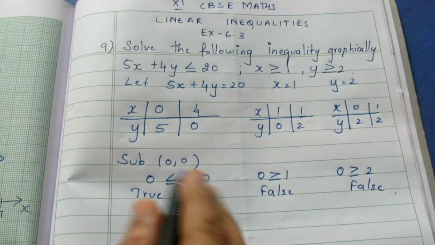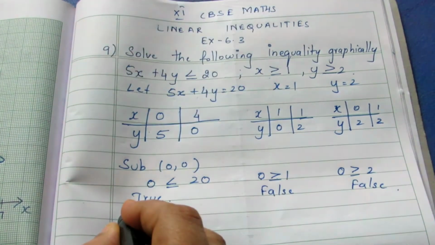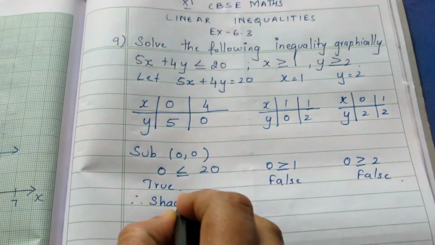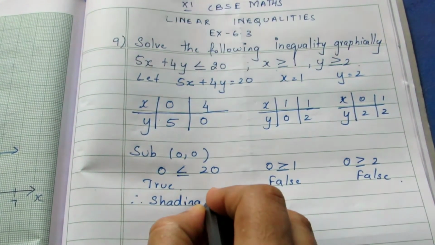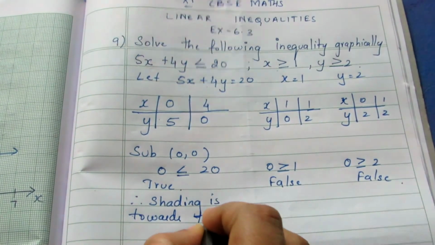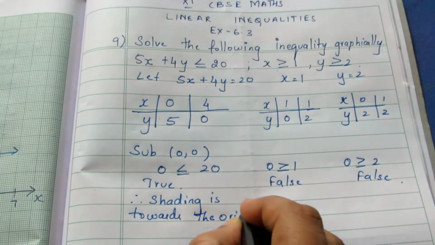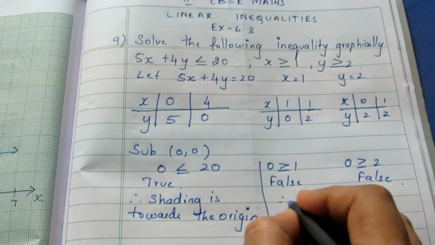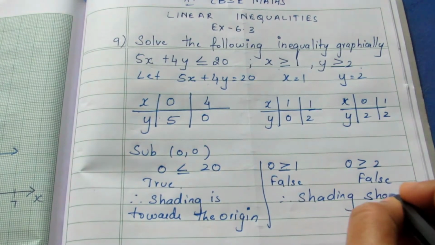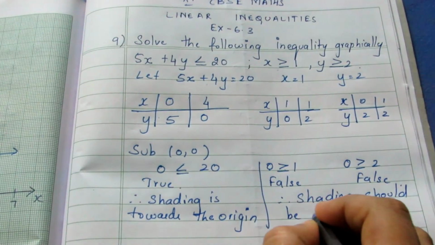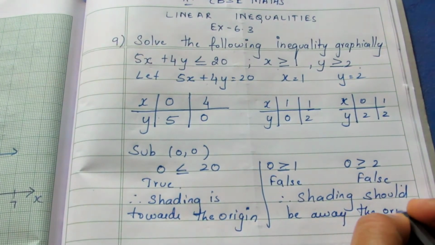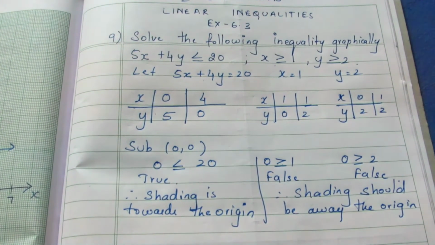If it is true, then the shading should be towards the origin. If it is false, then the shading should be away from the origin. If it's true, it is towards; if it's false, it is away from the origin.